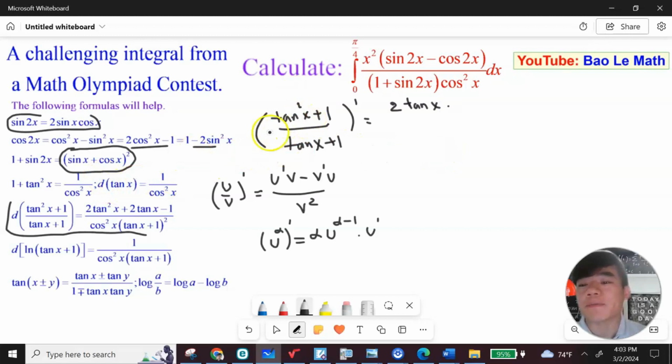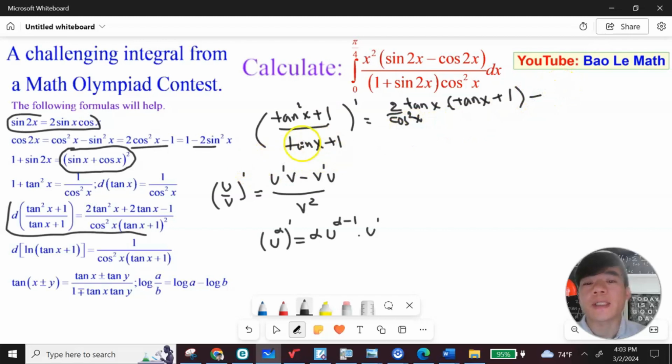Tangent x's derivative equals 1 over cosine square of x, so I put cosine square of x right here. The derivative of 1 is 0. This is multiplied by tangent x plus 1.